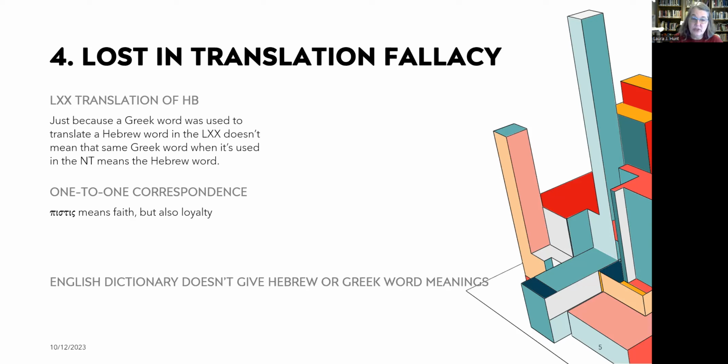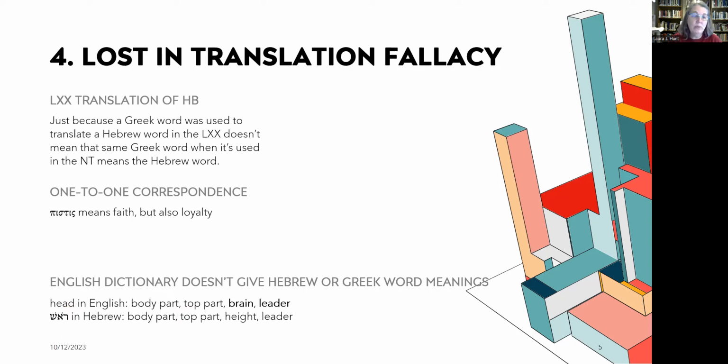Another way the lost in translation fallacy shows up is that the English dictionary doesn't give Hebrew or Greek word meanings. So I seem to have used this example twice, but head in English means body part, top part, brain, or leader.